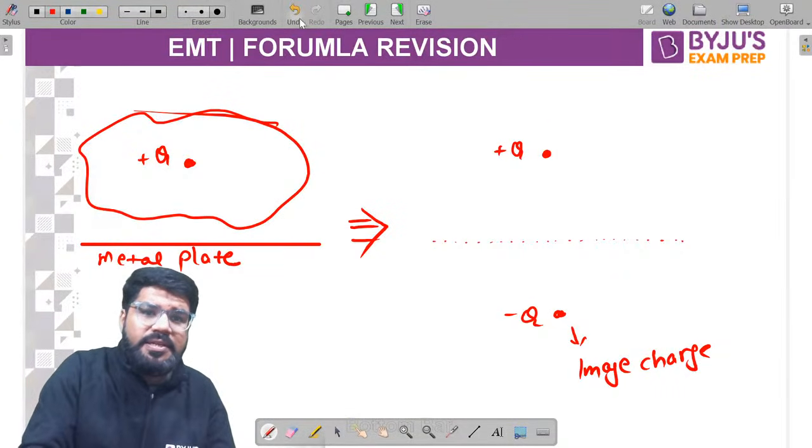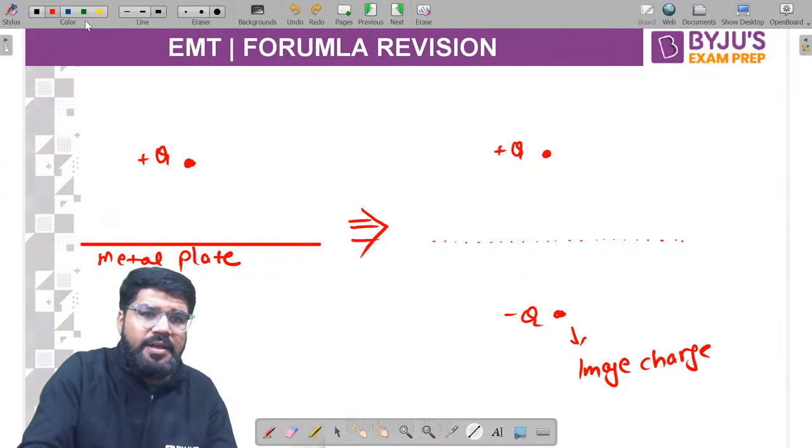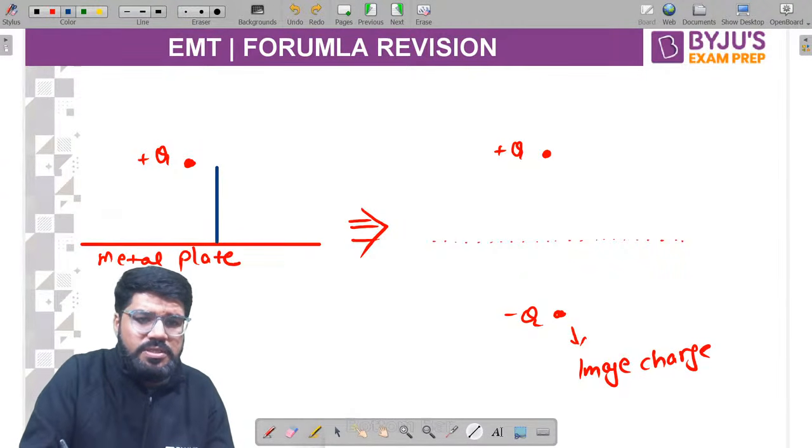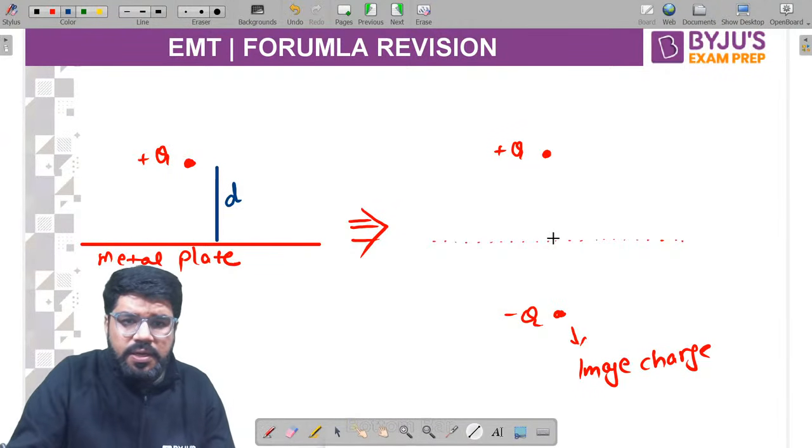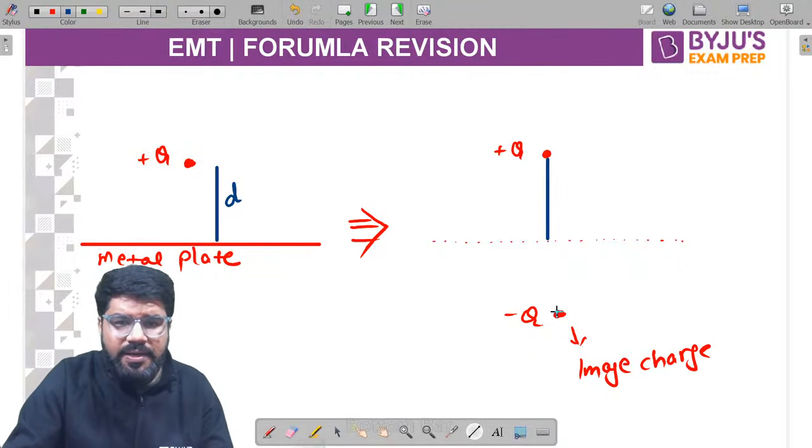Suppose this distance is equal to D. The image charge that you place should also be at the distance D.